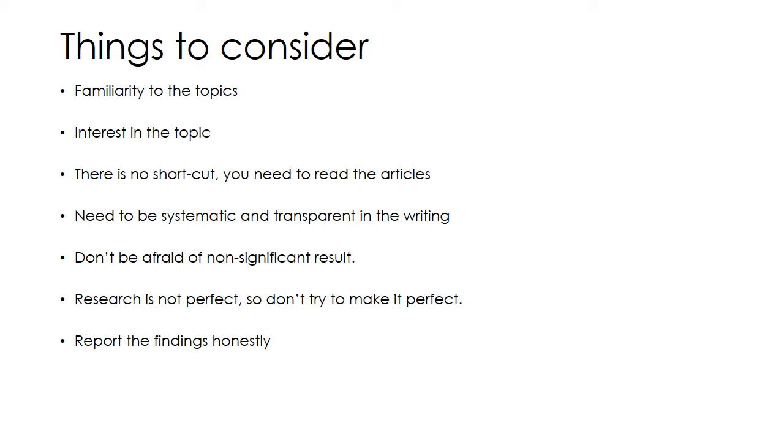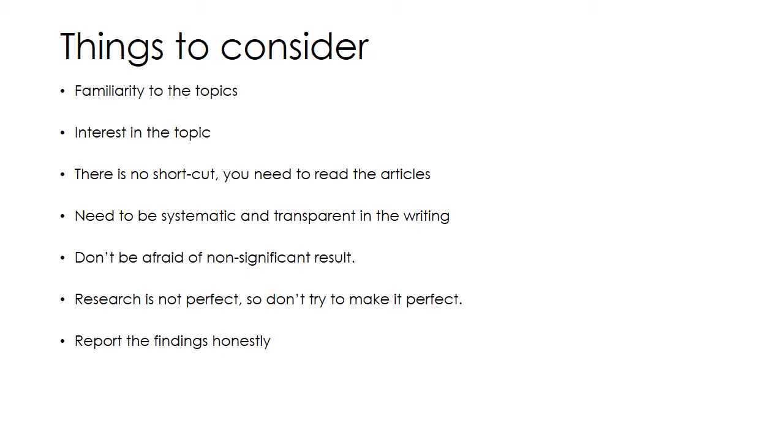Next, you need to be very systematic and transparent in your writing. Remember, this is research, so people are reading it. One thing that you need to remember is your audience, so make sure that they understand the way you write. You have to present the ideas very clearly and convincingly, why your research is important and what it brings. And be transparent when you're reporting it. Do not hide certain things.